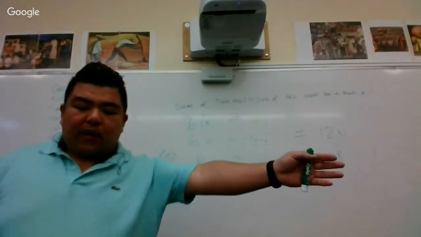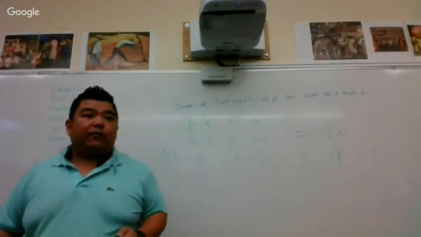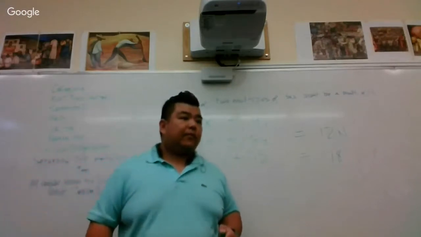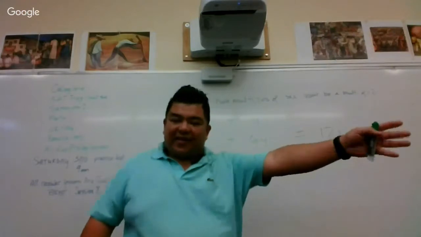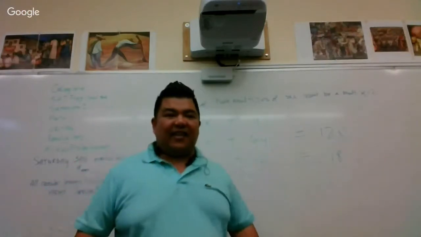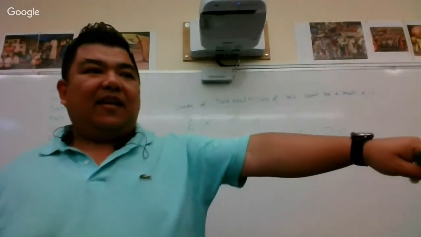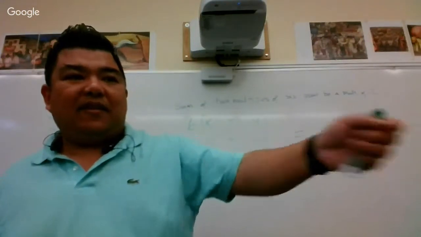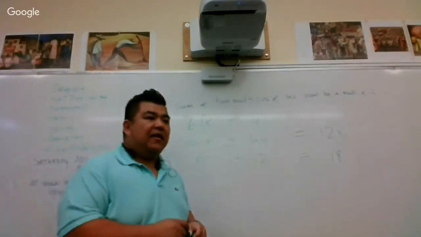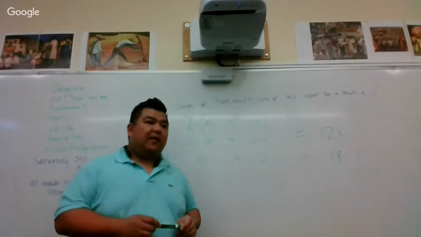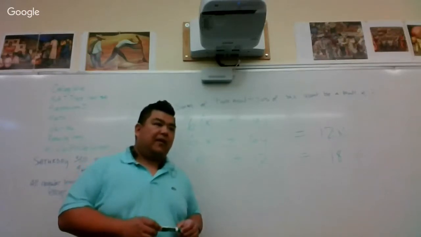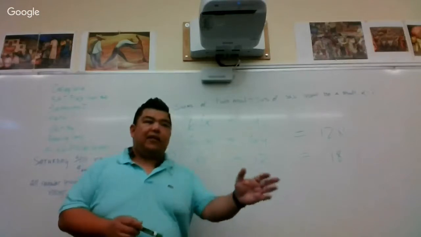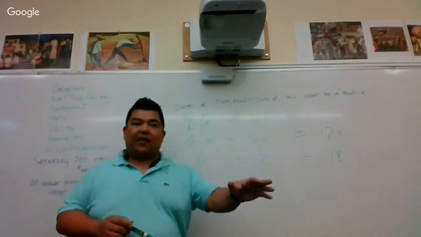Jeremy, on this side, is every multiple of 8 a multiple of 4? Oh, I was pointing on this side, but yes. It's okay. What do you think? So you're a little bit less sure, you're thinking, I think so.